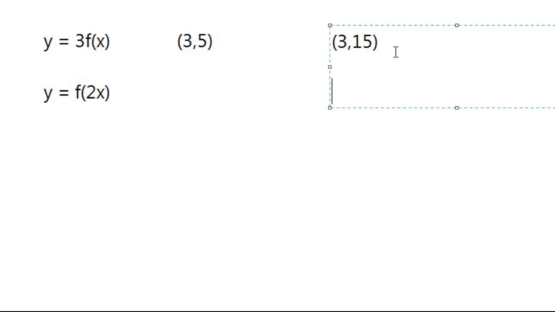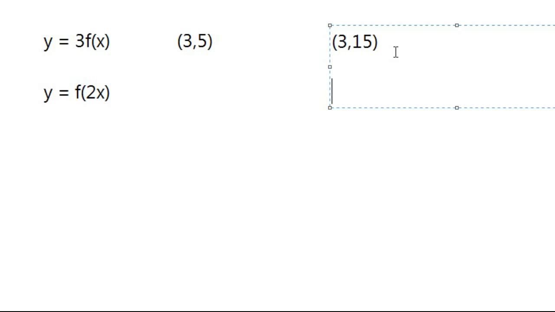Next up, y equals f(2x), and in this case that 2 has modified the graph to have a higher frequency. It means it's more compressed towards the y-axis, and therefore instead of multiplying, you divide the x value.